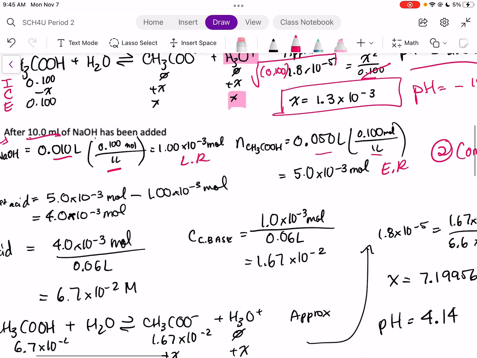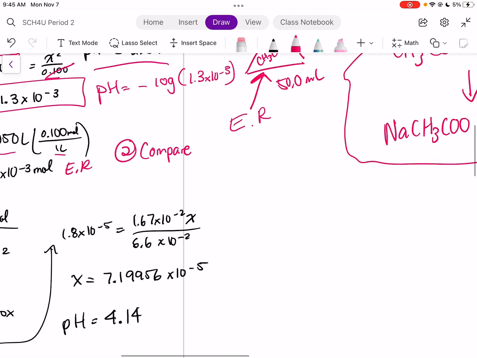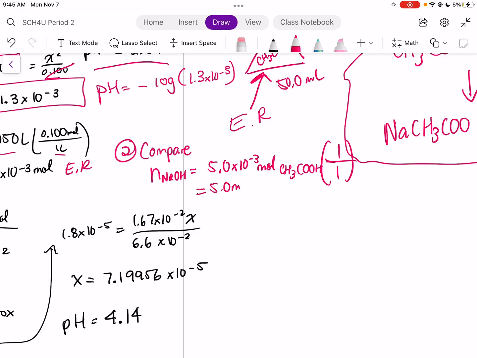Because this is a 1-to-1 ratio, I know because this is a bigger number, this is my excess, but you always have to show this comparison step on your quiz. So you're looking at how much NaOH you would make using the amount that you have of acetic acid. Because it's a 1-to-1 ratio, I'll have this amount times 10 to the negative 3 moles of NaOH.